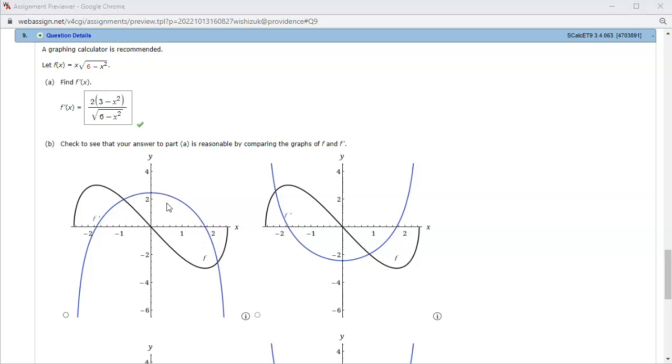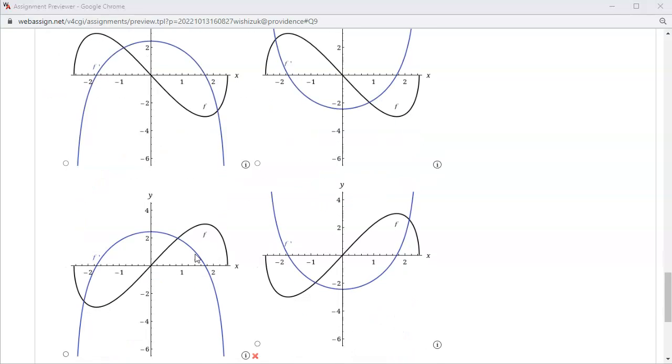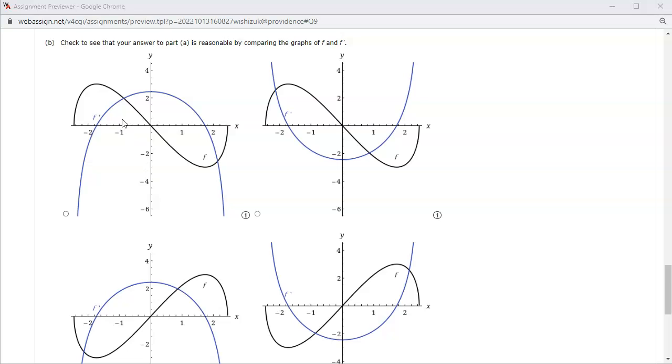This one looks reasonable. This one is actually the opposite. Between here and there, it goes below the x-axis, so it's negative. So we can eliminate number 2. This is reasonable, and for the same reason, we can eliminate the 4. So it's going to be between this one and that one.